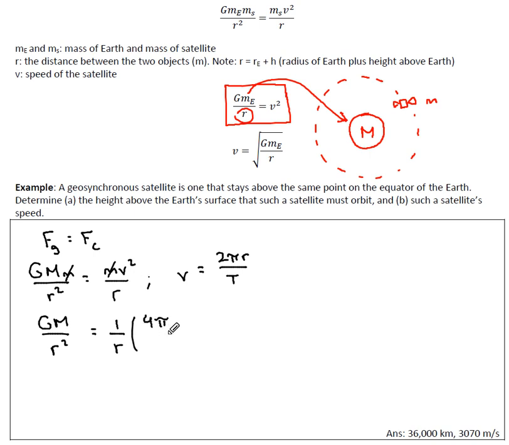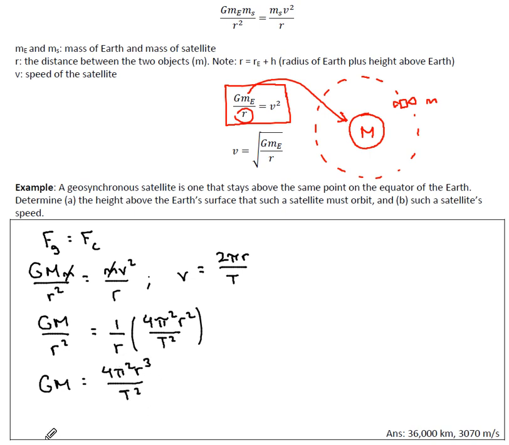We have pi squared r squared over T squared. We keep simplifying this. We can cancel out one of our r's, or just multiply it through. We end up with GM is equal to 4 pi squared r cubed over T squared.